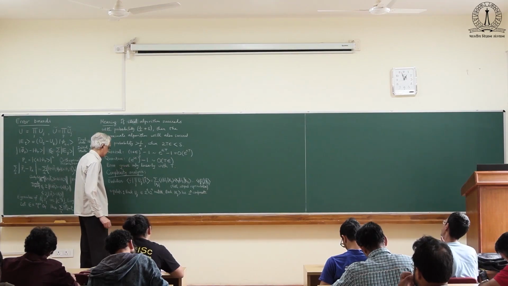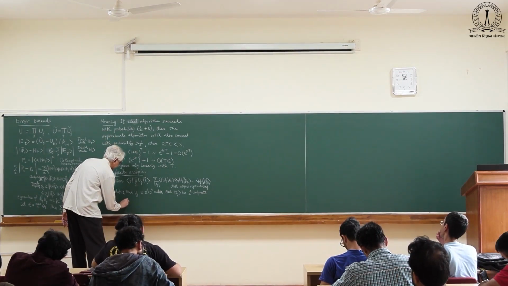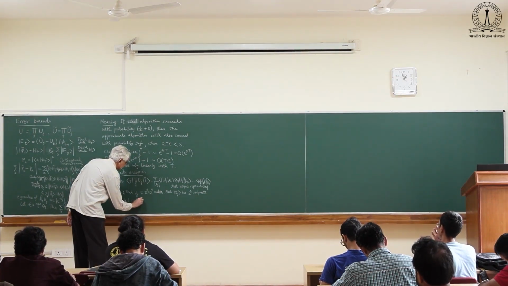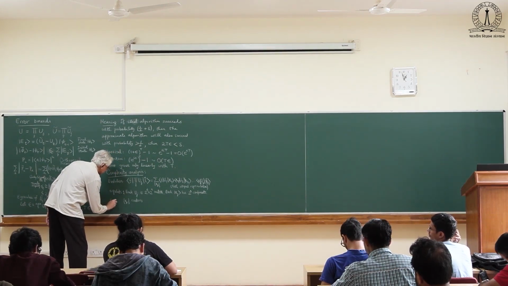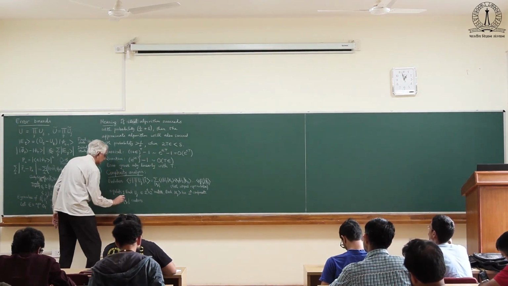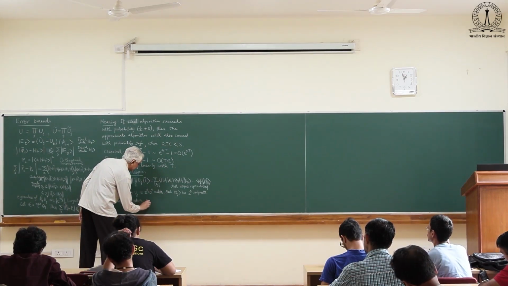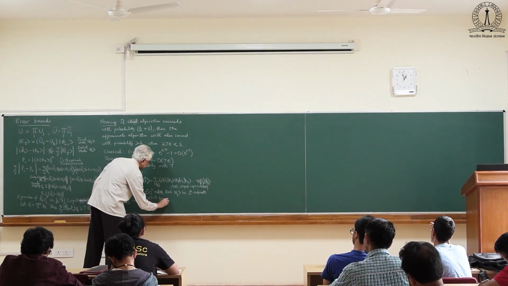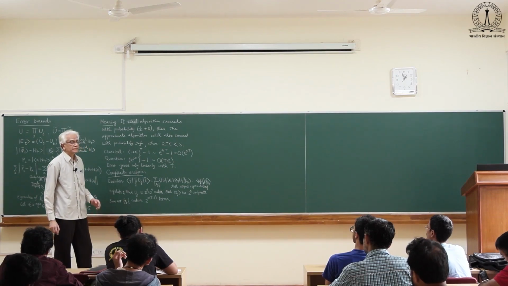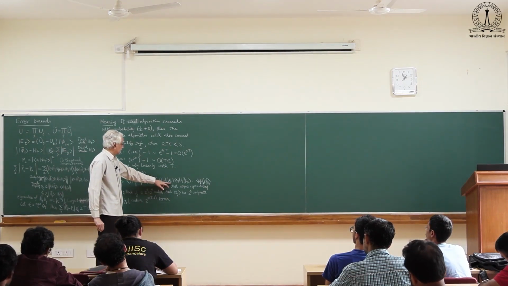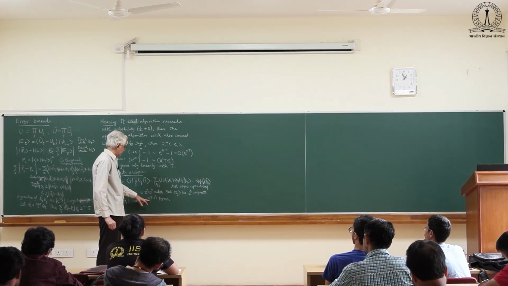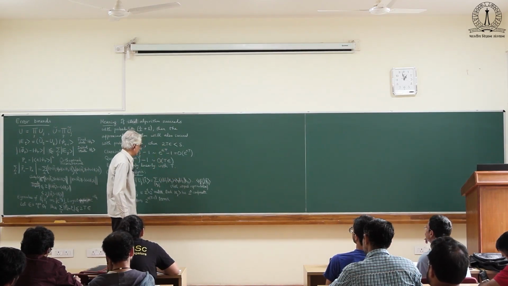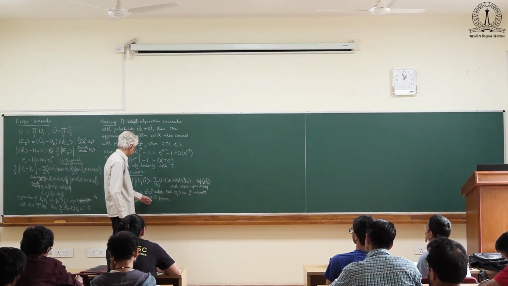So how many terms are there? Each one has 2^n, and they are summed over all the intermediate steps starting from 1 to t.